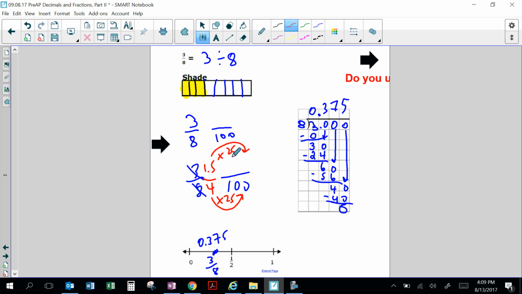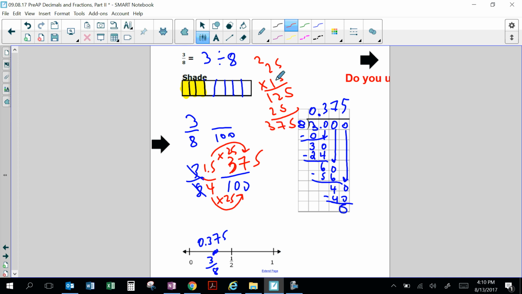And if you multiply 1.5 times 0.25, you should get 0.375. You know what? Let's multiply this. 5 times 5, 25, carry 2. That's 10 plus 2 is 12. 1 times 5 is 5. 1 times 2 is 2.